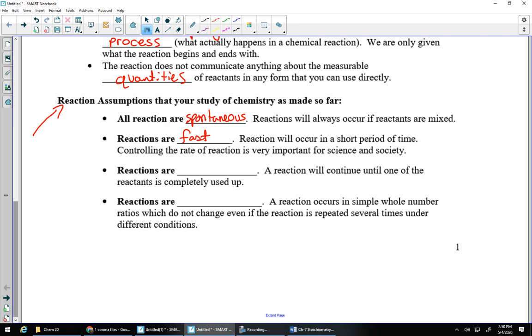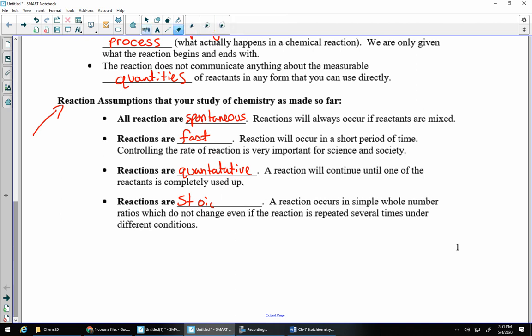And then we are going to assume that they are quantitative, which means a reaction is going to keep going until one of the reactants is used up. So you react A with B, it's going to keep going until either A or B is totally 100% gone. And then they are also stoichiometric.